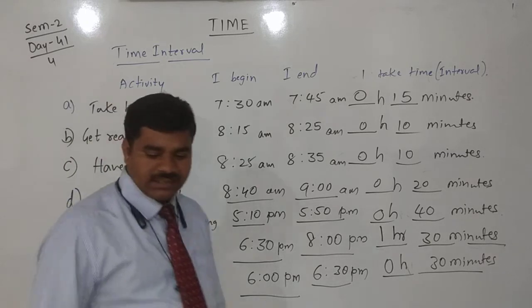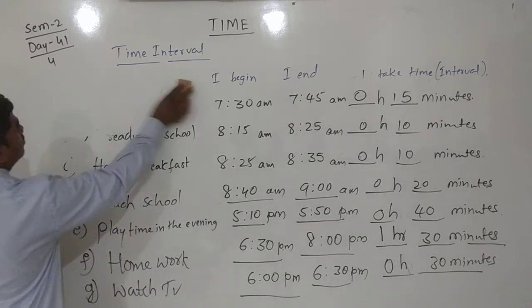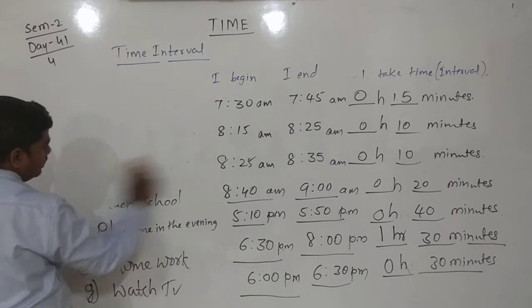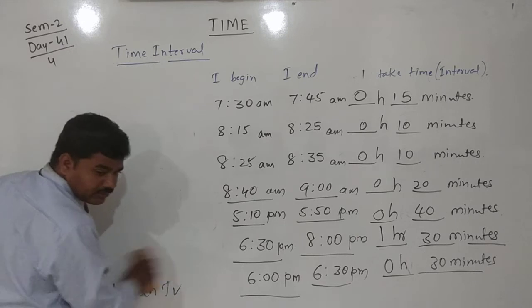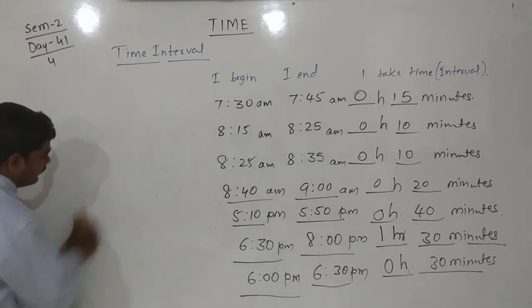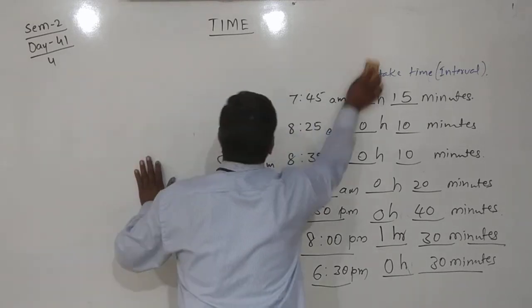We'll calculate. That is 24-hour clock. It's very simple. Now write these neatly in your notebook and in your textbook also. That is page number 150.